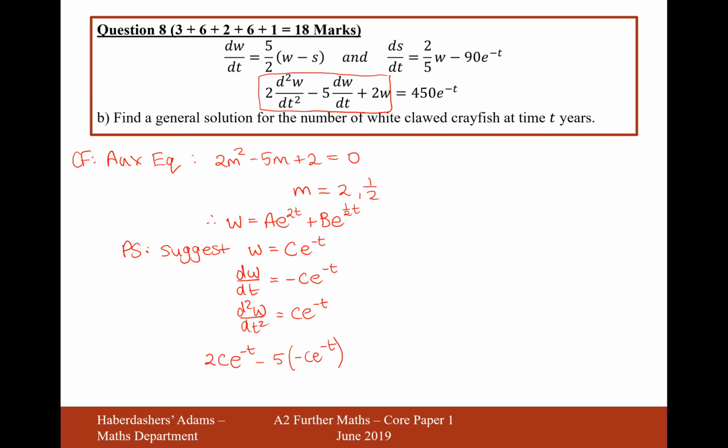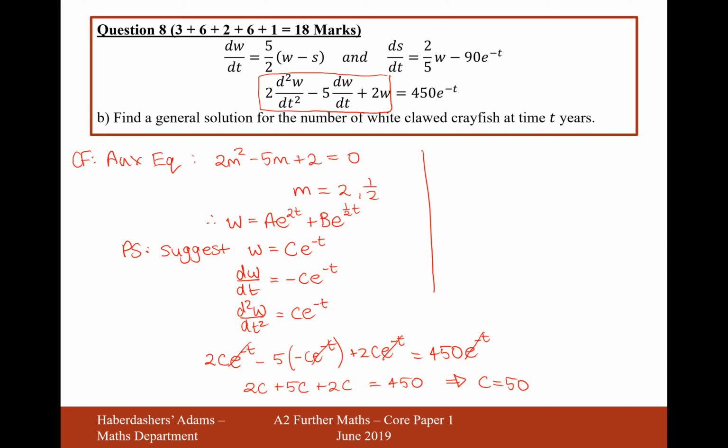And then the last bit is plus 2 lots of c e to the minus t. That will equal 450 e to the minus t. So let's now cancel out all the e to the minus t's, and it's going to give us 2c plus 5c plus 2c equals 450. So therefore, it's going to be 9c in total, so therefore c is going to equal 50.